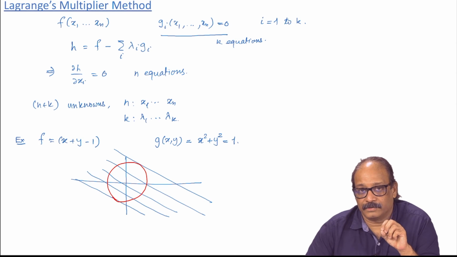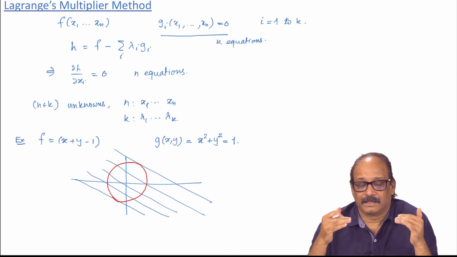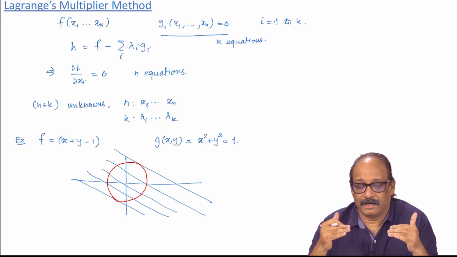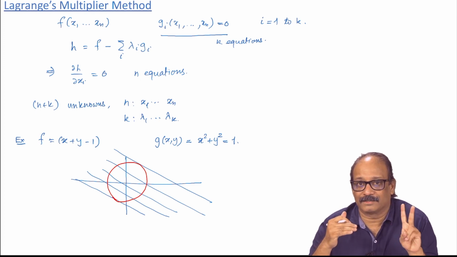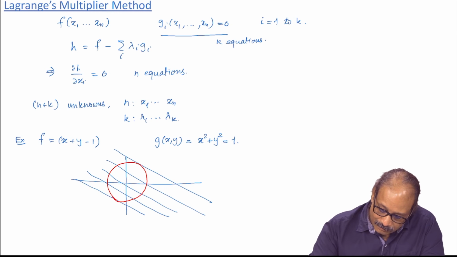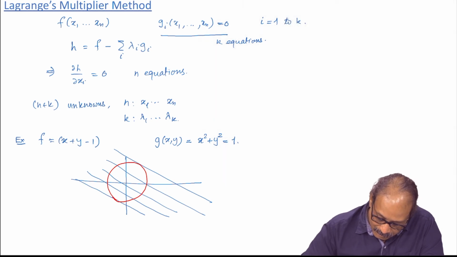and now you see what happens. The level sets of f are actually tangential or parallel to the level set of g at least at 2 points. One is a point here and there is another point here.